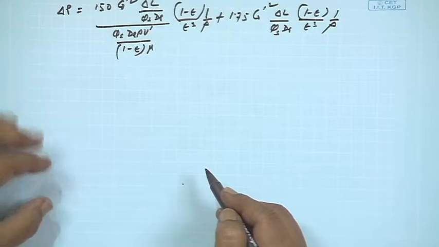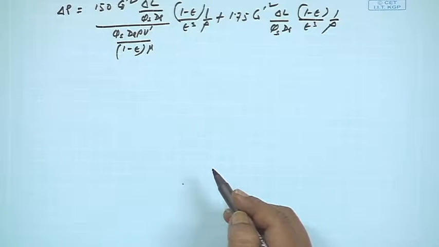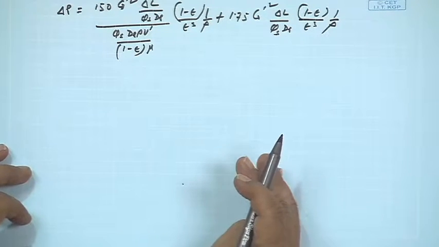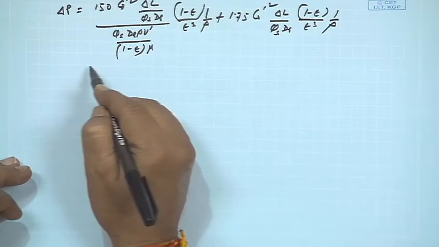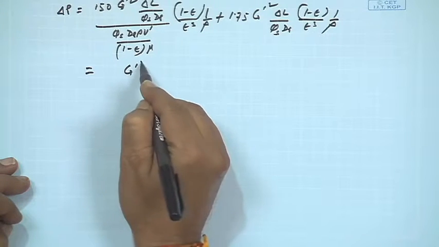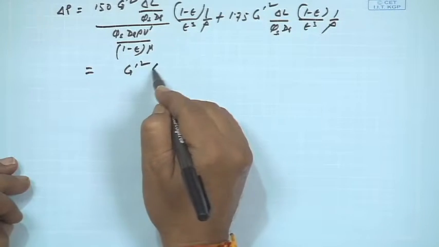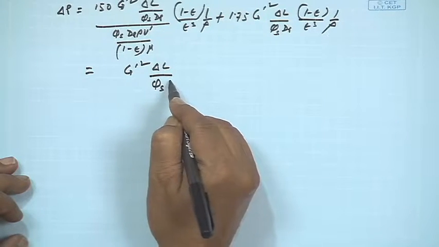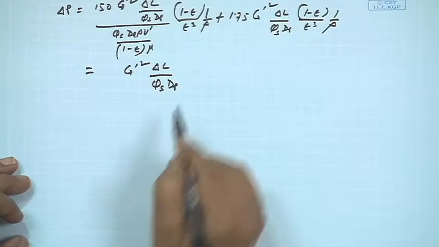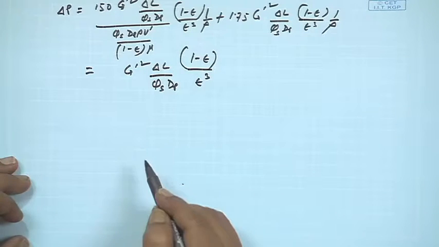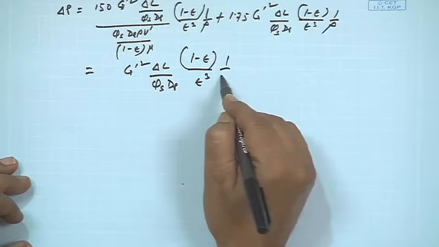So, from there we take the common g prime square, which is common in both the cases, delta L by phi s dp, right, into 1 minus epsilon by epsilon cube, into 1 by rho.